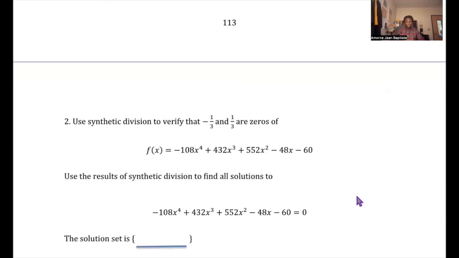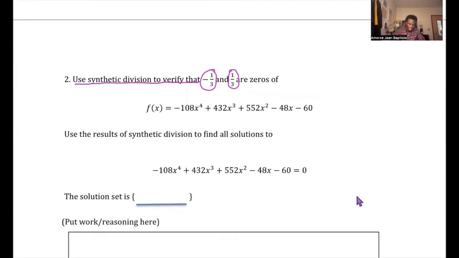The question we need to answer is to perform a synthetic division to verify if x equals negative 3, negative 1/3, and x equals positive 1/3 are zeros of this polynomial function. They said to use synthetic division. To do so, this is the synthetic division we have.